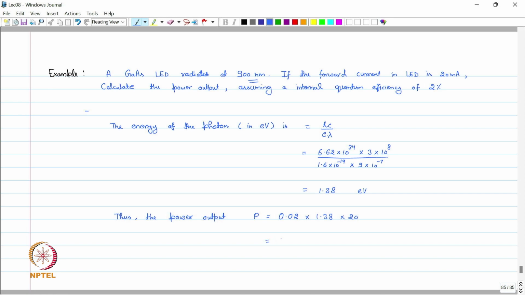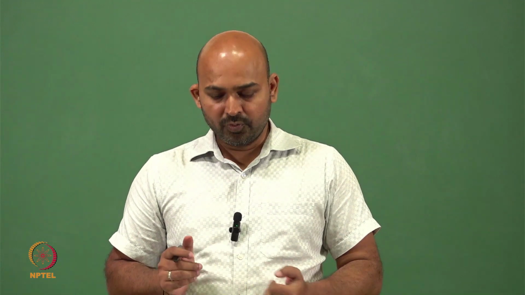So the power output of the device comes out to be 0.55 milliwatt. So this is the power of this gallium arsenide LED. This is how we calculate the power of any LED, in terms of the energy of a single photon and how much current is flowing.